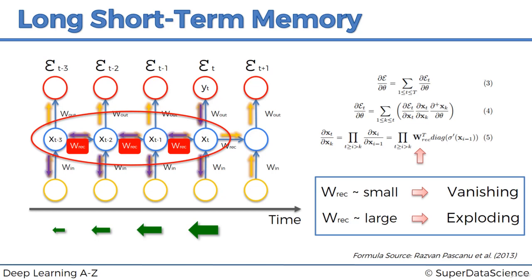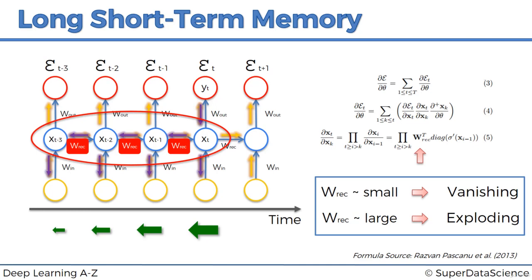Because this weight is applied many times on top of itself, the gradient declines rapidly, meaning that the weights of the layers on the very far left are updated much slower than the weights of the layers on the far right. This creates a domino effect, because the weights of the far left layers are very important: they dictate the outputs of those layers, which are the inputs to the far right layers, and therefore the whole training of the network suffers. That is called the problem of the vanishing gradient.